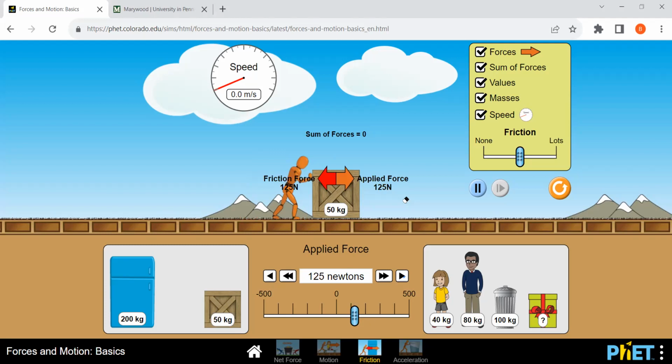When we have 125 Newton, the sum of the force is equal to 0. So here you see the net force is equal to 0. So there is no motion, the speedometer is 0 meter per second.